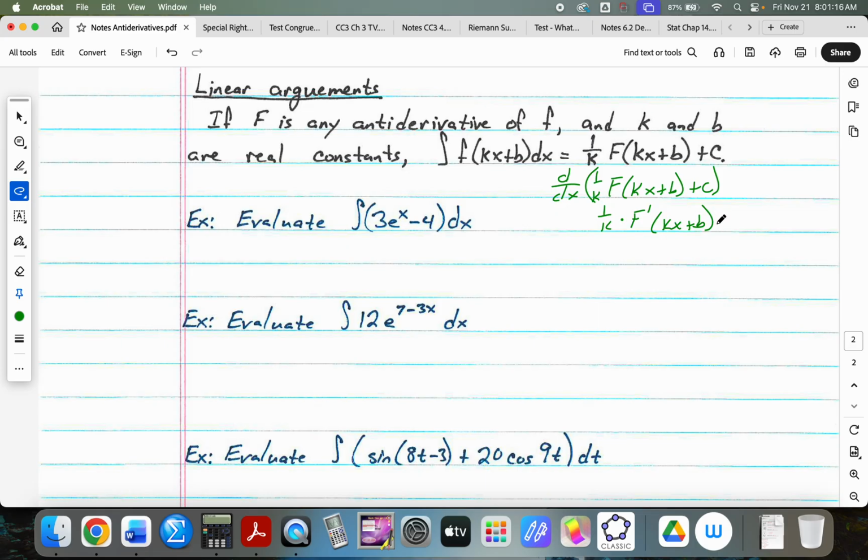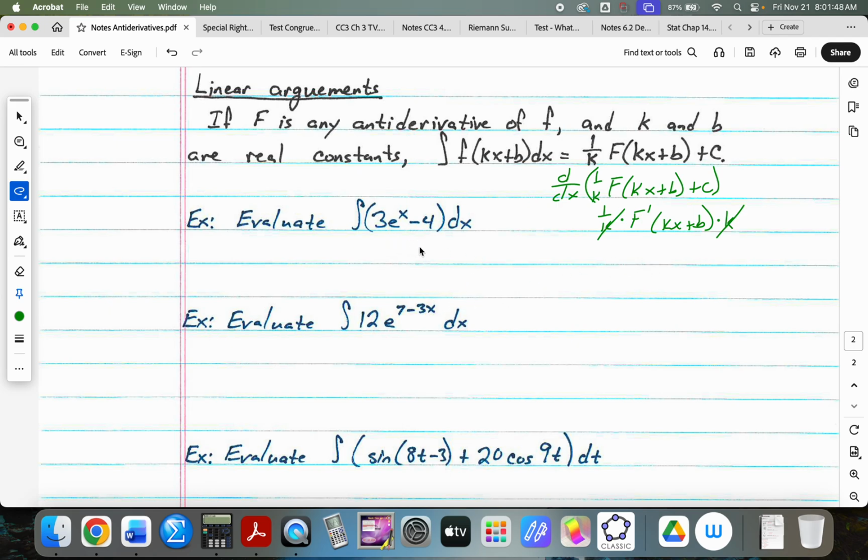Yes, there we go. Chain rule times k, and that cancels this. Okay, so that's where that 1 over k comes from. It balances out the constant that you would generate when you take the derivative of your antiderivative. It balances out the chain rule part.